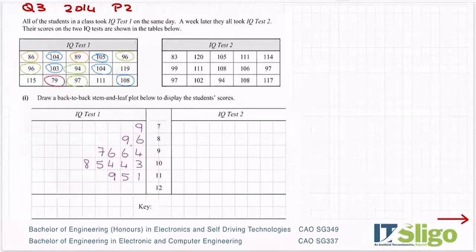Okay, so now let's look at IQ test 2, and it's the same process. I'm looking for numbers in the 70s. I don't see any. 80s are next, so there's 83. That's my only one. 90s, there's a 99, 97, 97, 94.